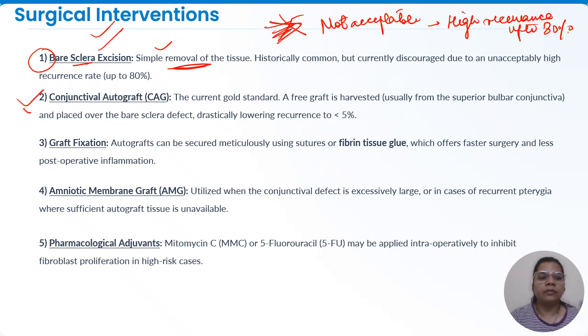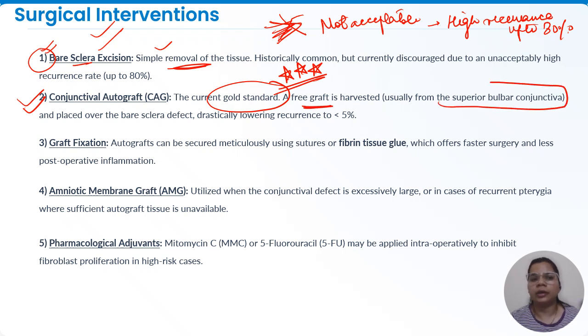Second is the conjunctival autograft, which is the gold standard. What we do in this is first the bare sclera technique. After that, we take a graft from the superior conjunctiva and place it over the bare sclera. The recurrence rate is very low in this.